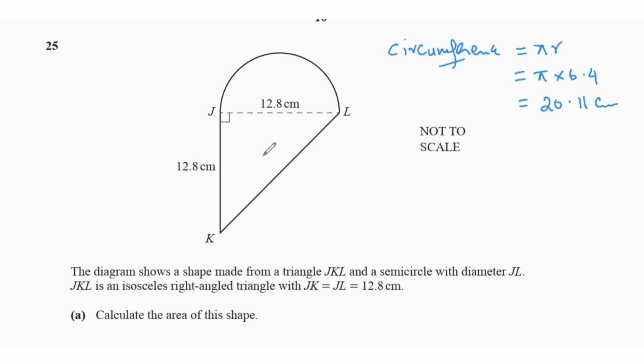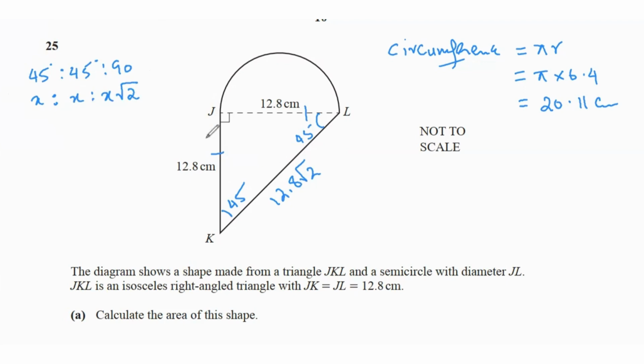Now, talking about the perimeter of your triangle, we have 12.8. We don't know what KL is. So since it's a right angle isosceles triangle, if you remember the special triangle case, if the lengths are equal and it's a right angle, so this is going to be 45 and this is going to be 45, which means this length is 12.8 root 2. Once again, if the angle ratio is 45 to 45 to 90, then the lengths are x to x to x root 2.